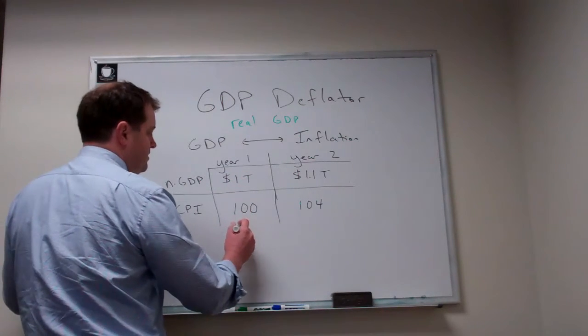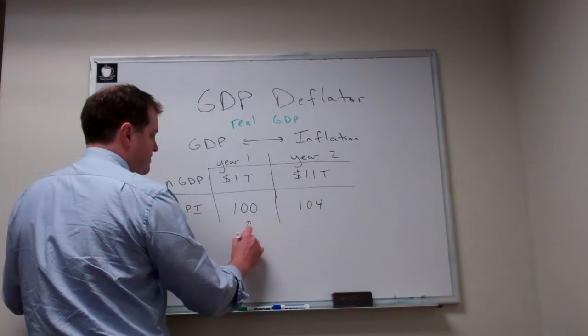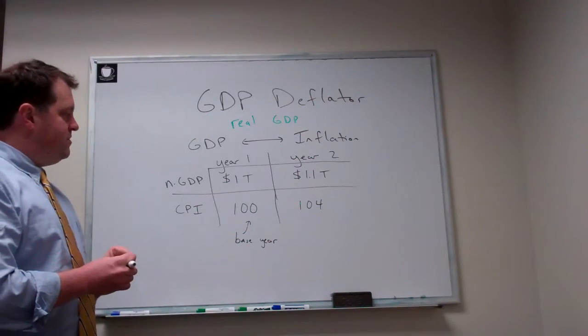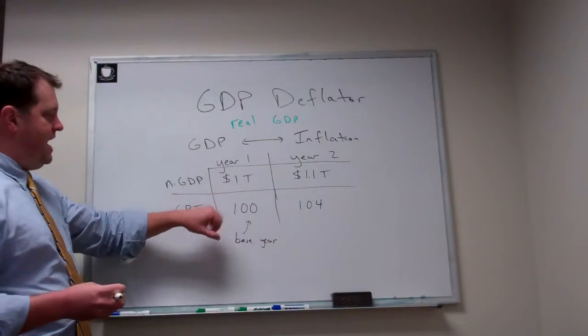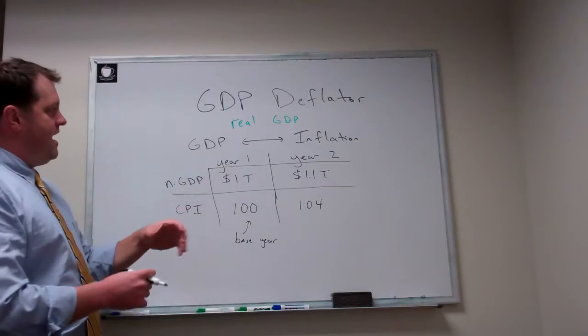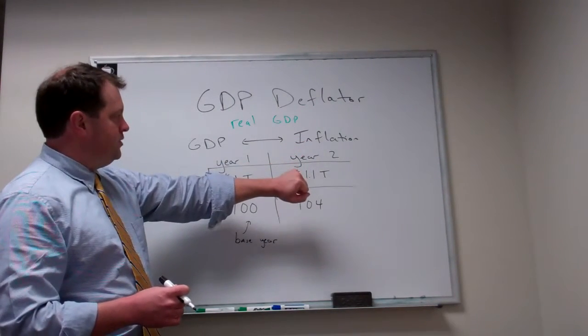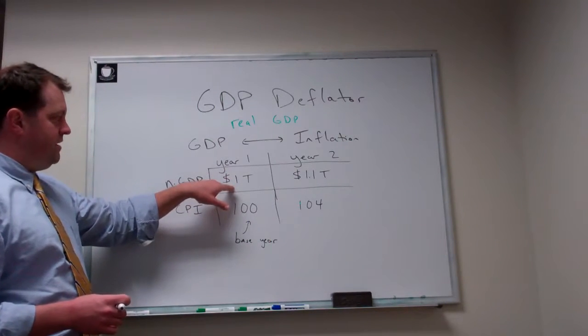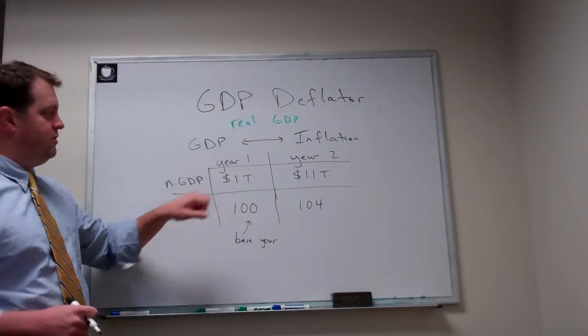So we can assume here that year 1 is the base year, and we can then compare years around that using the GDP deflator and taking these nominal GDP values, and translating them into real GDP, and then comparing them to see if economic growth occurred.